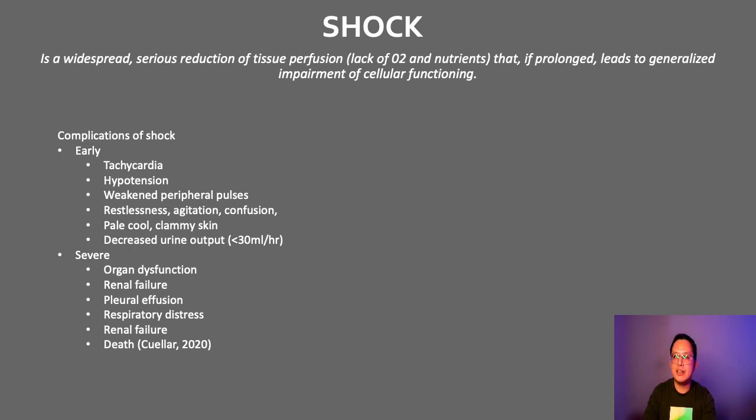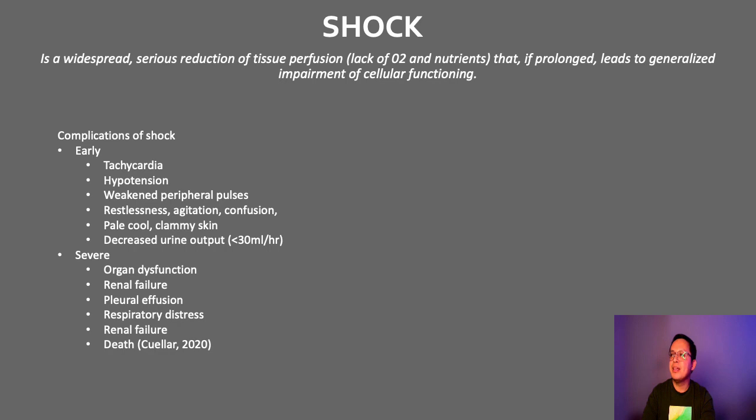For severe, there will be MODS, multiple organ dysfunction, renal failure, pleural effusion, respiratory distress, and also death. So you have to take care of a patient with shock with all your diligence and carrying all your knowledge in nursing.